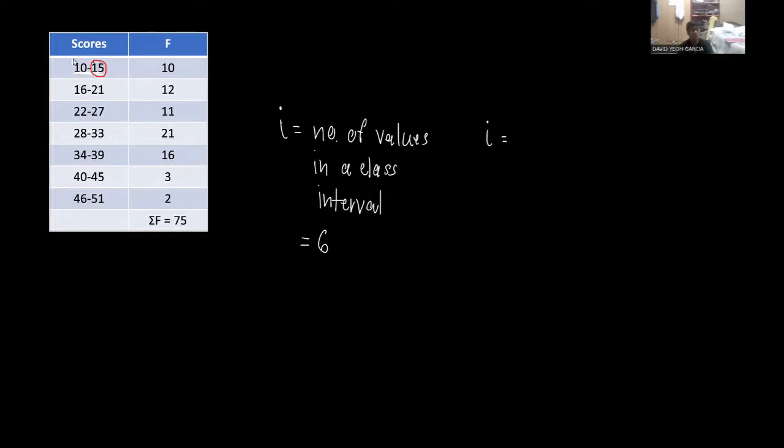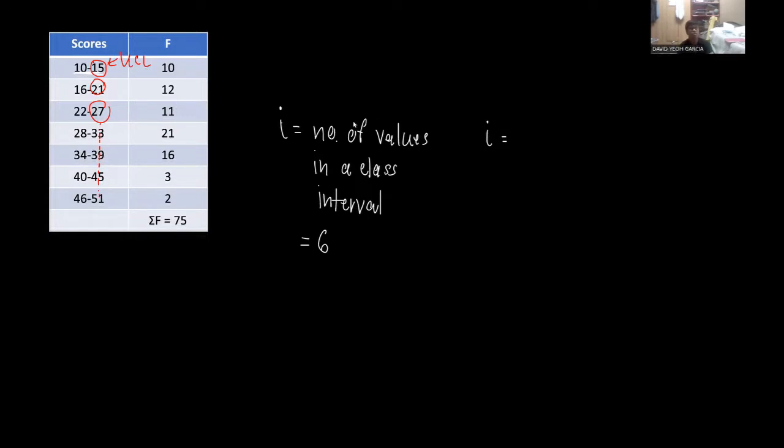For example, in the 10 to 15 interval, the last number present is 15. So 15, 21, 27, and the other numbers, the last representatives of those class intervals, are what you call the upper class limits.